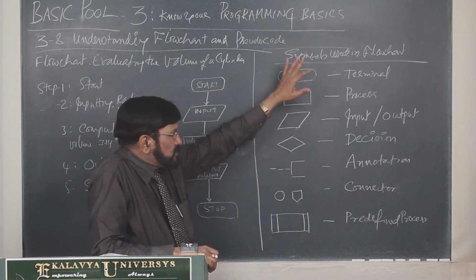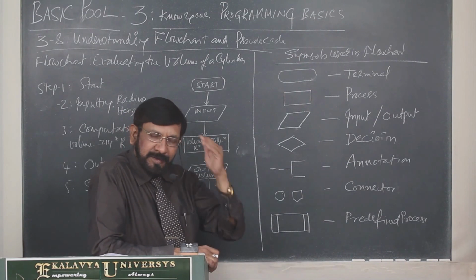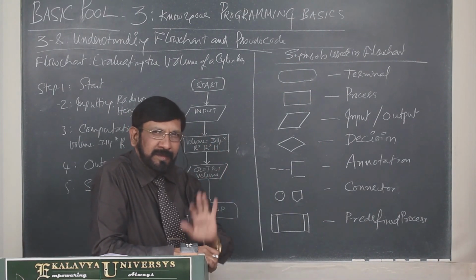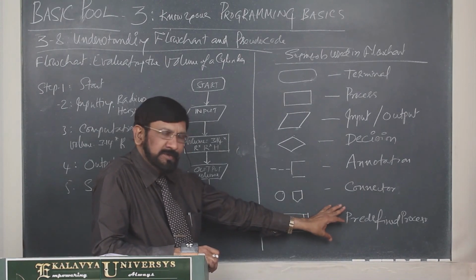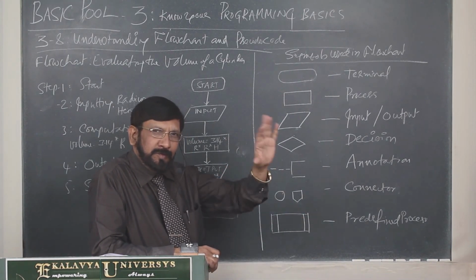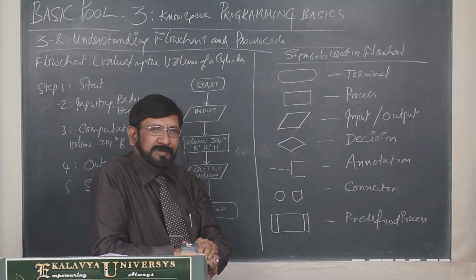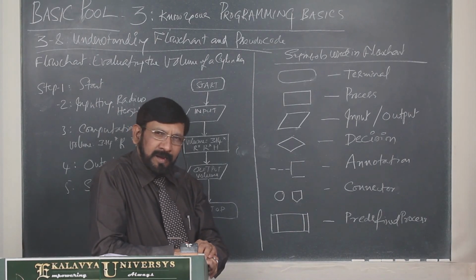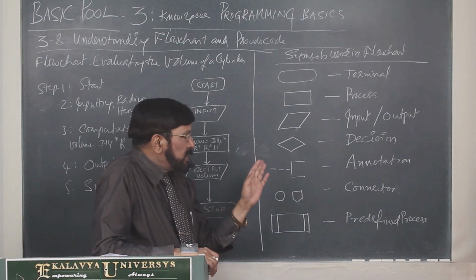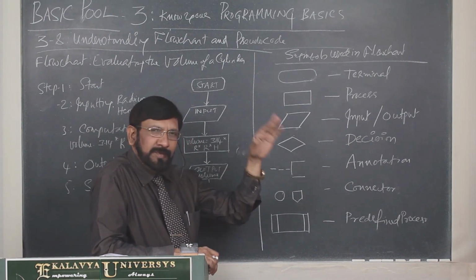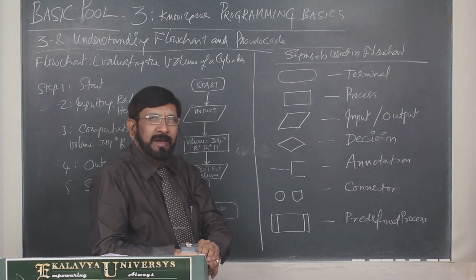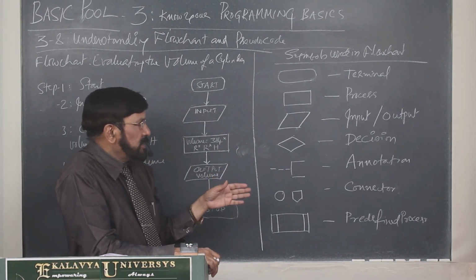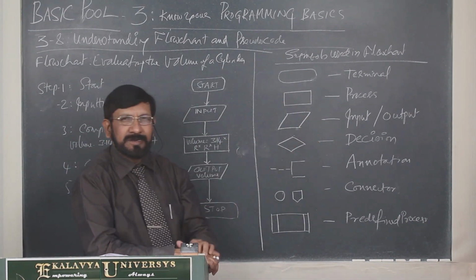Once you understand these symbols, you must remember there is no role of intelligence here. These are the standard symbols. Whenever you take up an issue, first you write the algorithm, and once you write a clearly defined algorithm, then you write the flowchart by using these symbols very easily.